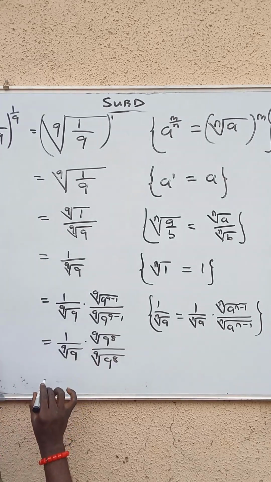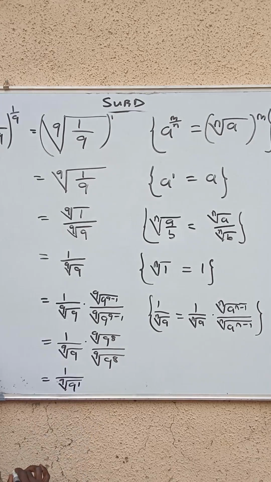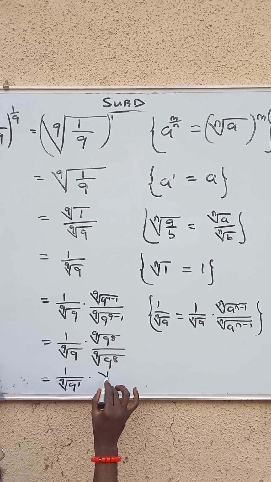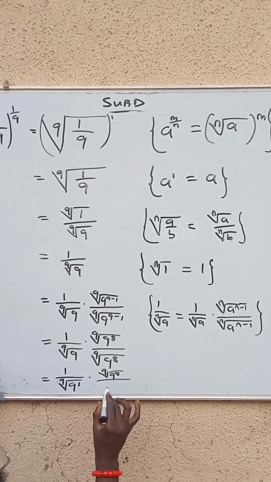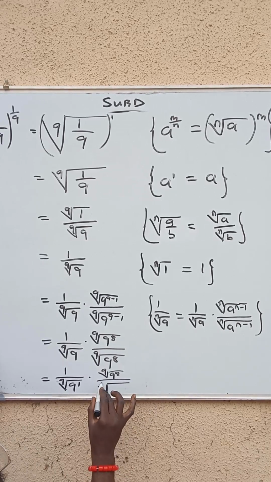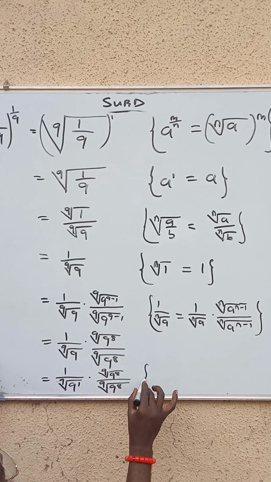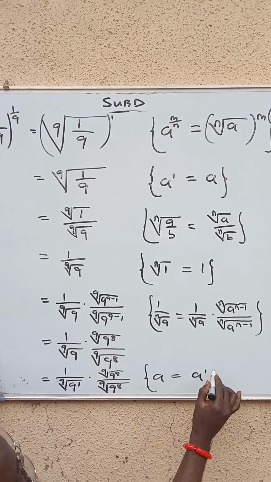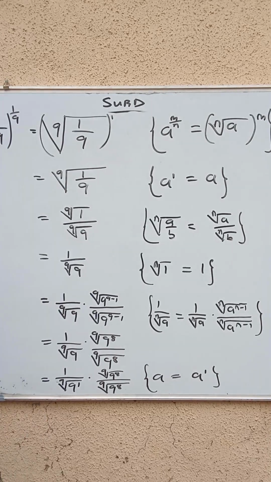So what I'll have here is 1 over the 9th root of 9 raised to the power of 1, dot, the 9th root of 9 raised to the power of 8 over the 9th root of 9 raised to the power of 8. I have 1 here because A is the same thing as A raised to the power of 1. So any number, I can put raised to the power of 1.